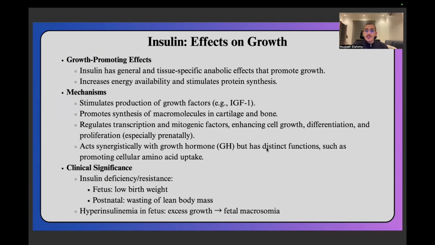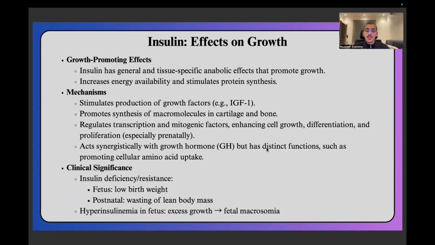So, what is the clinical significance in terms of growth done by the insulin, especially in the fetus when there's insulin deficiency or resistance in the fetal life? The fetus won't be able to grow easily, and at birth, he would be born with a low birth weight. And postnatally, if, for example, a patient has type 1 diabetes, the insulin growth effects won't be available.